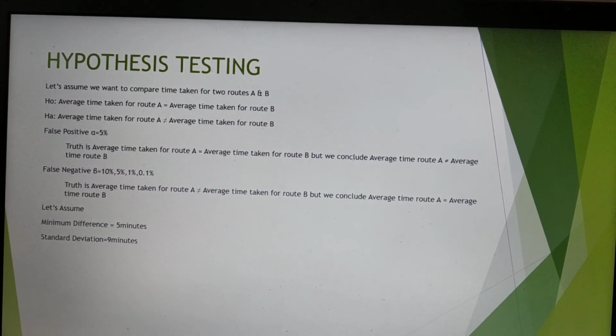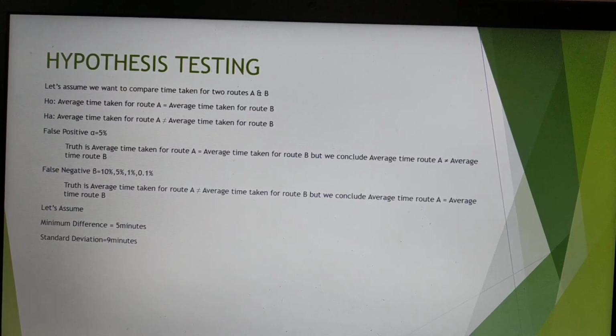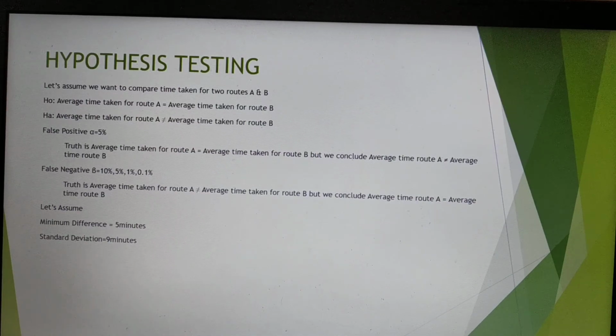Like the time taken for route A and route B, if it is more than 5 minutes, then only we will say that the time taken is more or less. Otherwise, we'll say the time taken is equal. The standard deviation we'll assume as 9 minutes. Now for this given data, let's see what is the sample size.